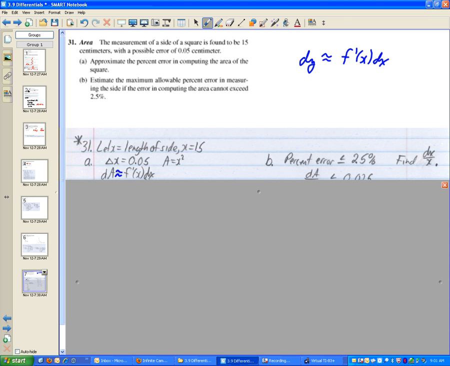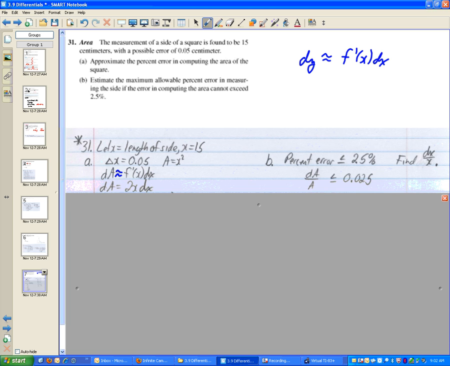What's our f of x? I never wrote f of x anywhere. Yeah, it's the x squared. It's A because I wrote A instead of y, right? So that's our f of x. So if dA is approximately f prime of x dx, what is f prime of x? 2x dx. What am I going to substitute in for x? 15. What am I going to substitute in for dx?